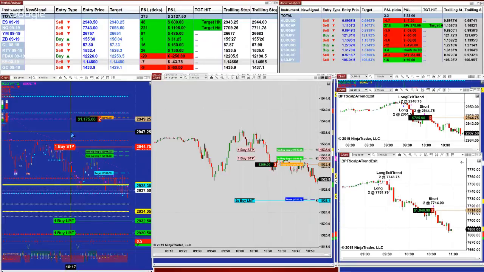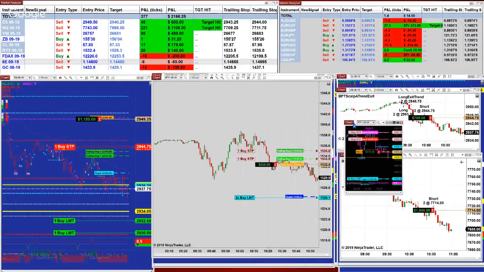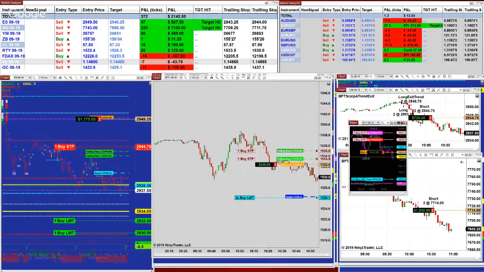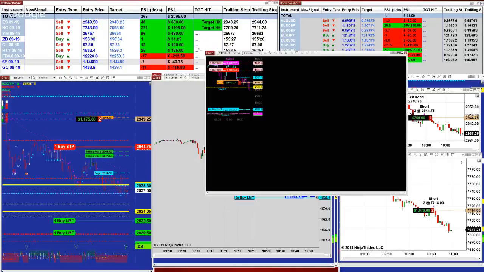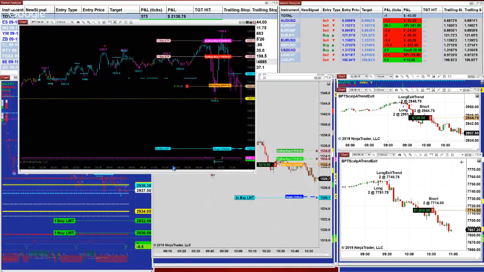And here is the difference between the 1 minute and the 3 minutes. It's a little bit late signal on the 3 minutes, but you get a very nice ride. So this is the Russell on the 3 minutes. What is the difference between those two?